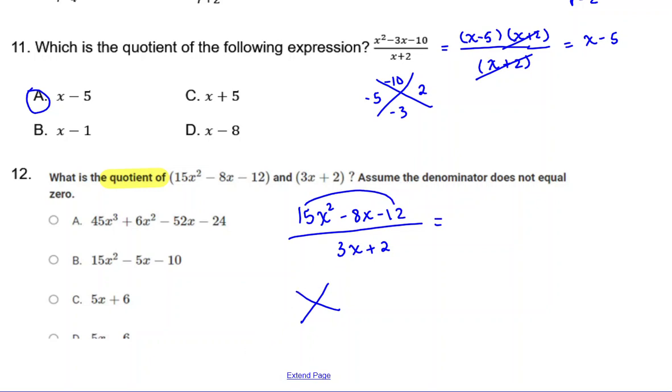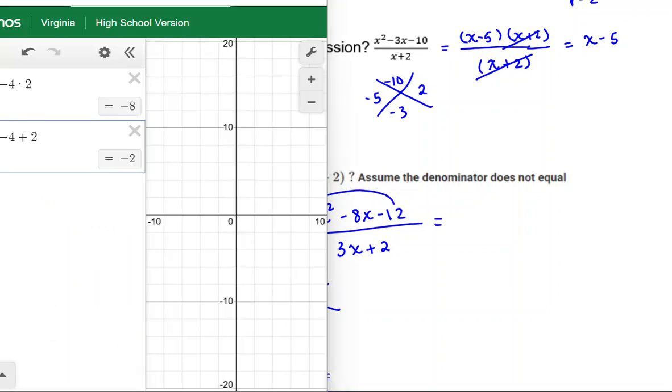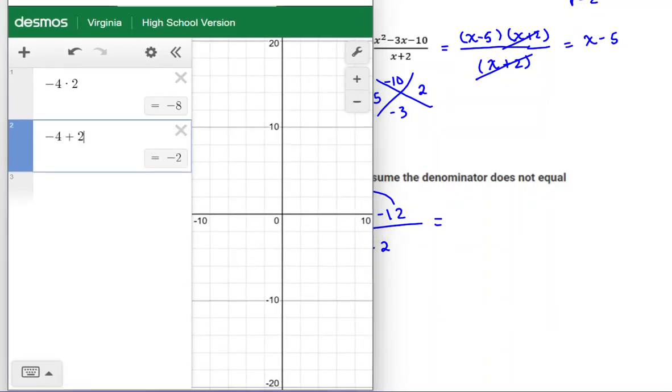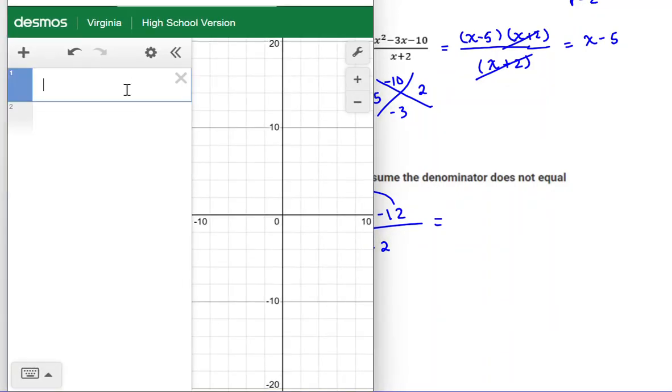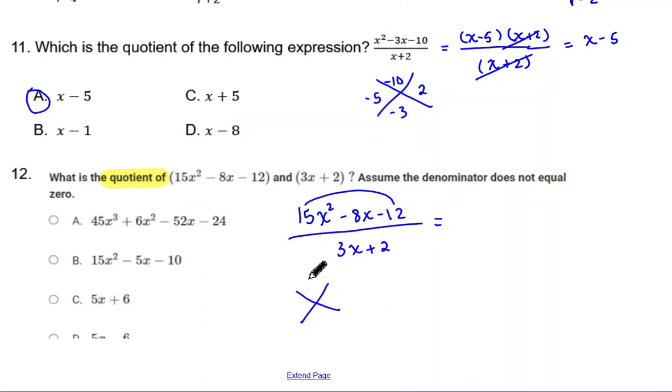So 15 times negative 12. Well, first of all, I don't even know what 15 times negative 12 is. Let's see. 15 times negative 12. So negative 180. So I'm looking for factors of negative 180 that add up to negative 8.